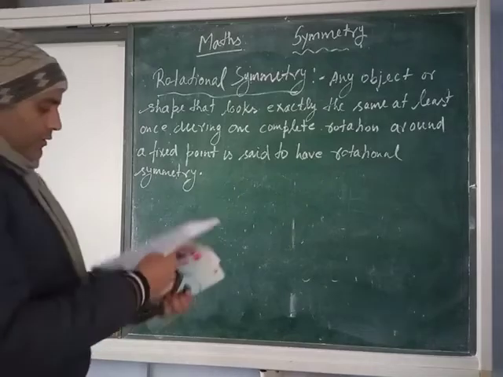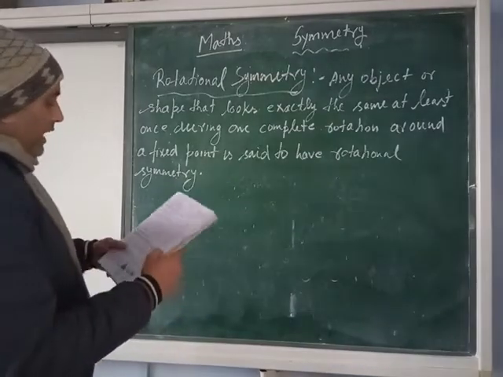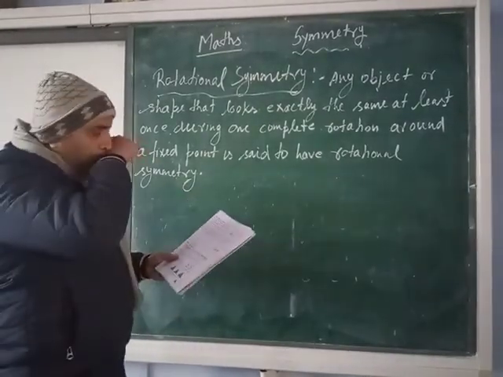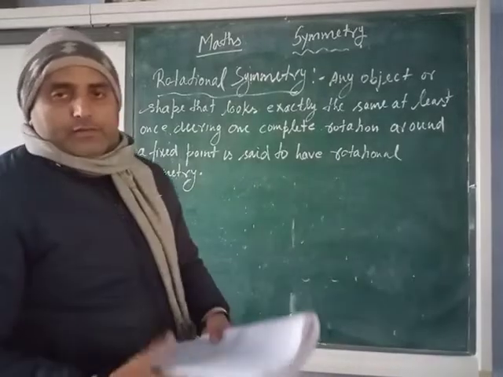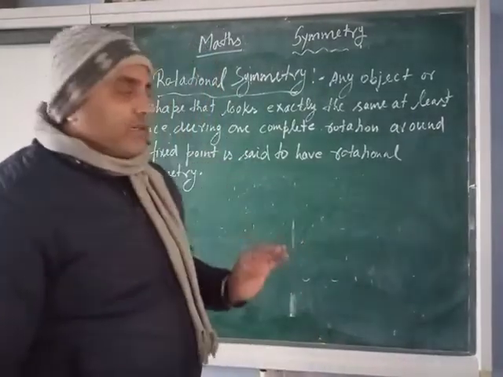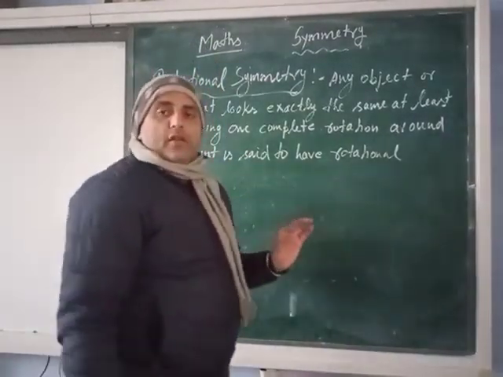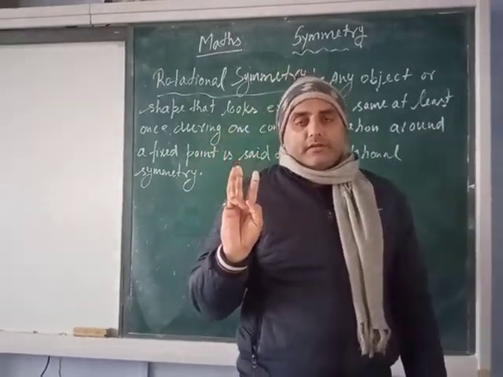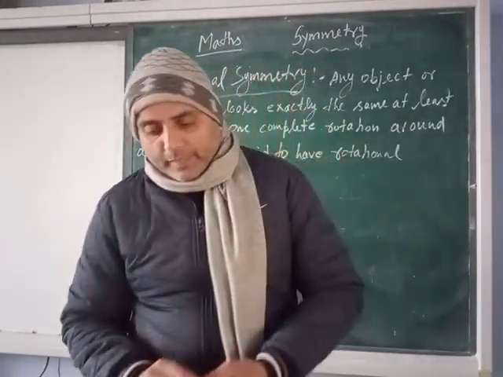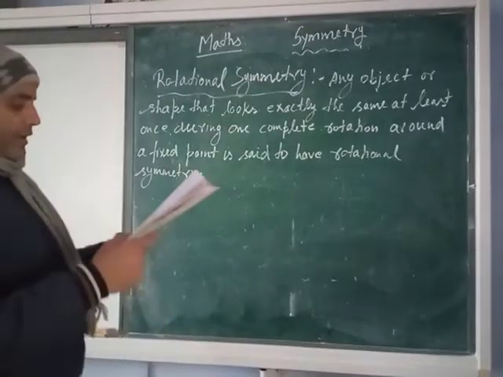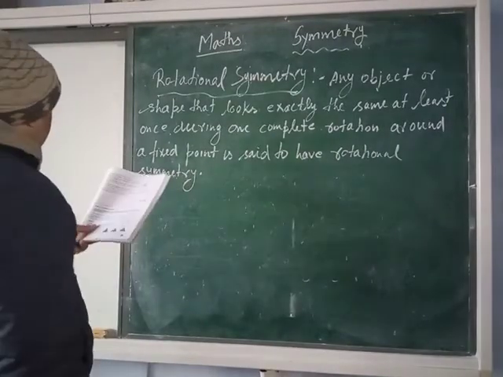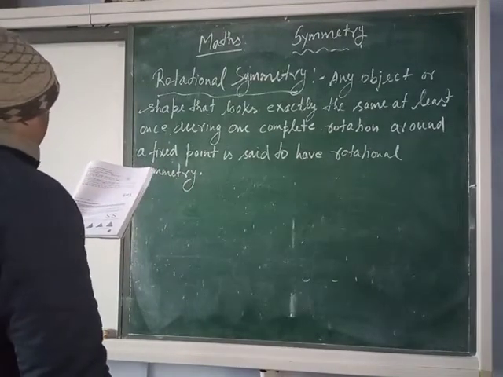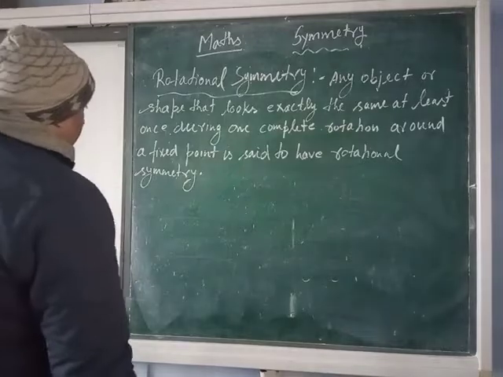Order of rotational symmetry: take an anchor point. If we rotate an equilateral triangle, then you will get rotational symmetry 3 times. Now you can find out, if the angle of rotation is x, then the order of rotational symmetry will be 360 divided by x.